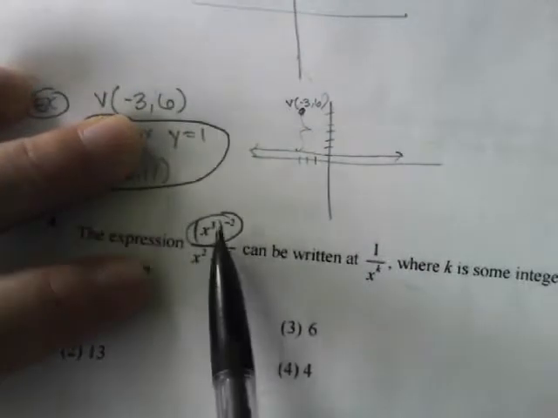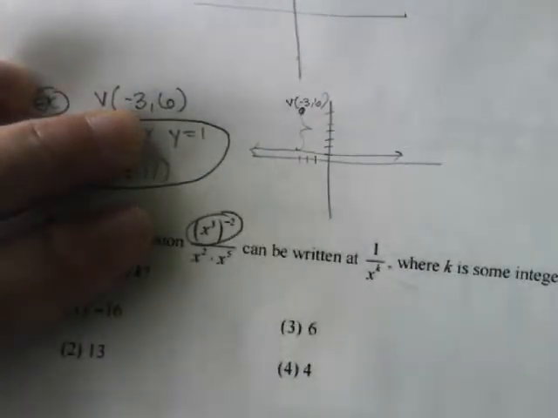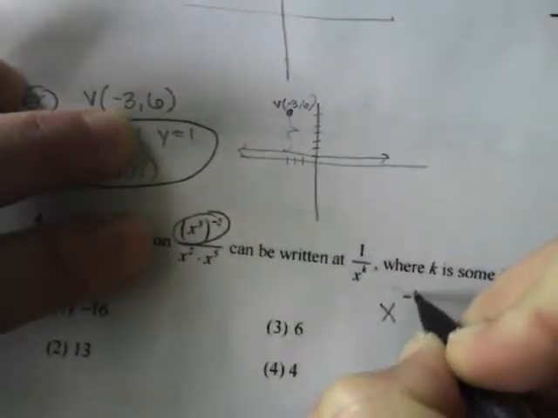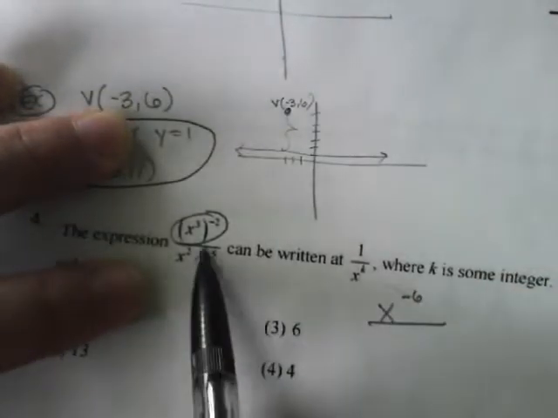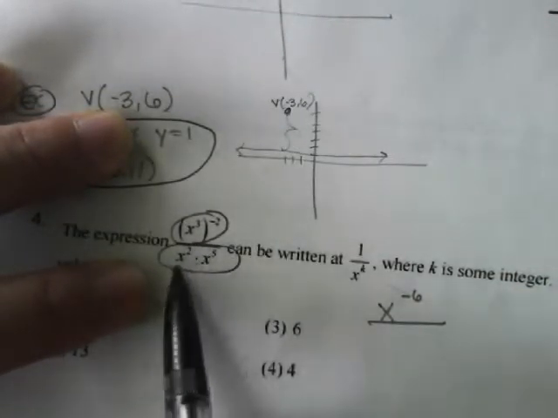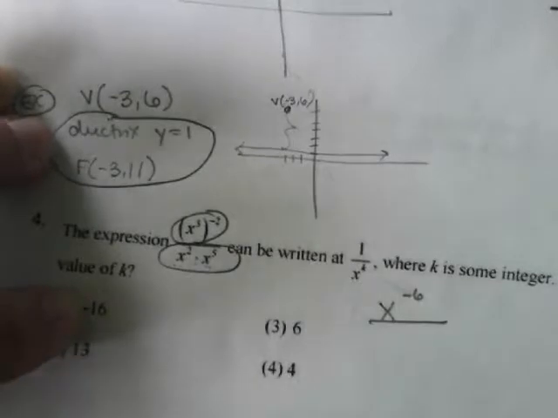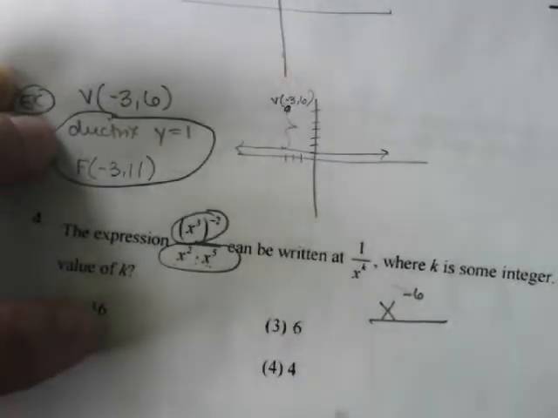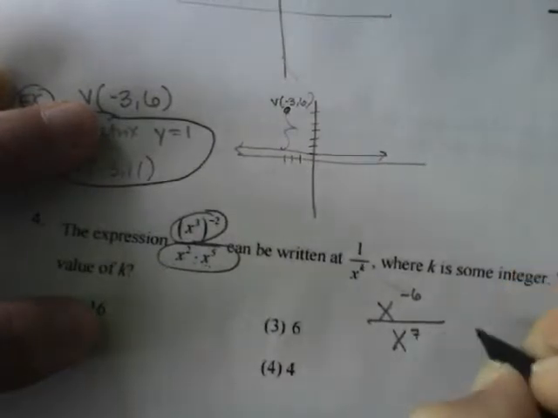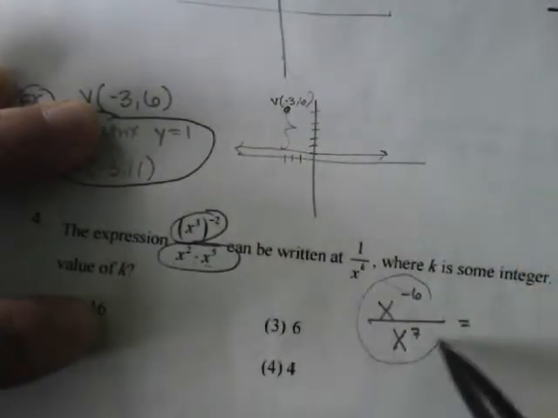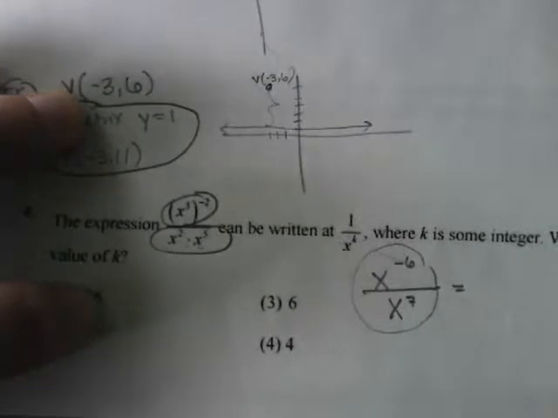When you raise a power to a power, what do you do? Multiply, so initially it's x to the negative 6 power. In the denominator, when you're multiplying common bases, what's the rule? What do you do with the exponents? Add them, x to the 7th. And then when you're dividing common bases, what do you do with them? Subtract.